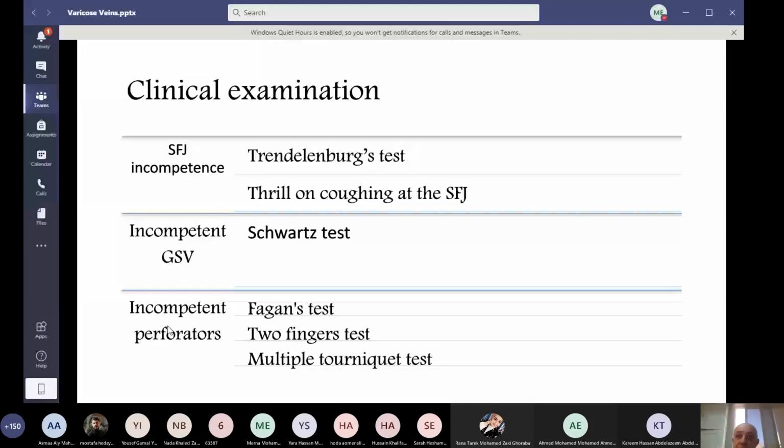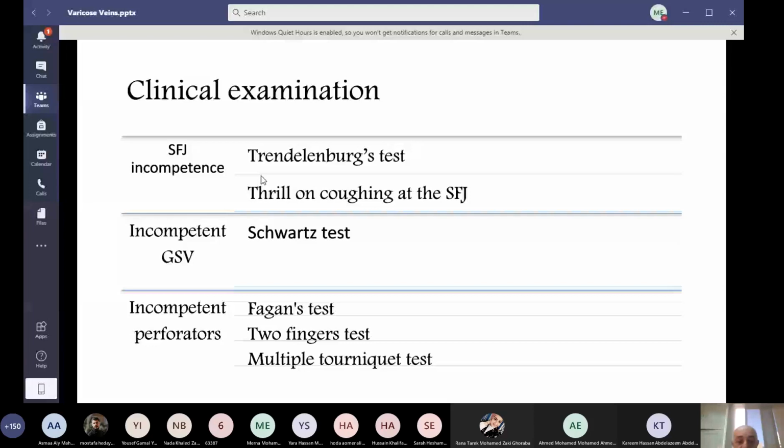And lastly, whether there are incompetent perforators or not. For saphenofemoral junction incompetence, we can seek it on clinical examination by performing Trendelenburg's test or by feeling a thrill on coughing at the saphenofemoral junction.